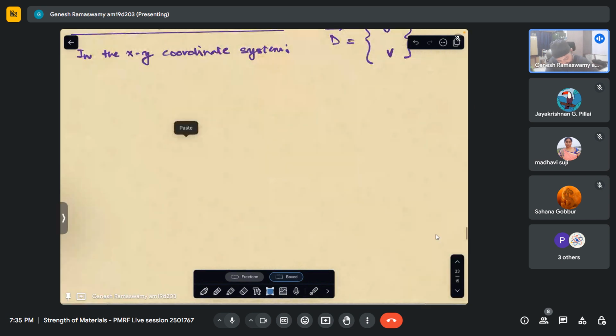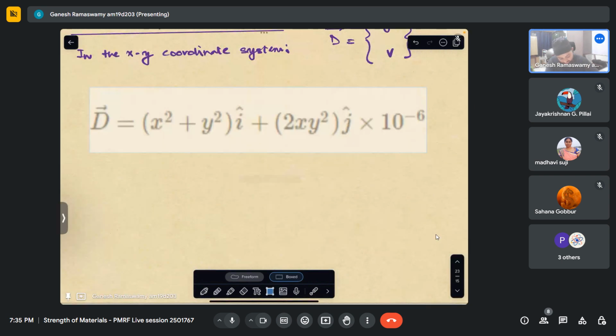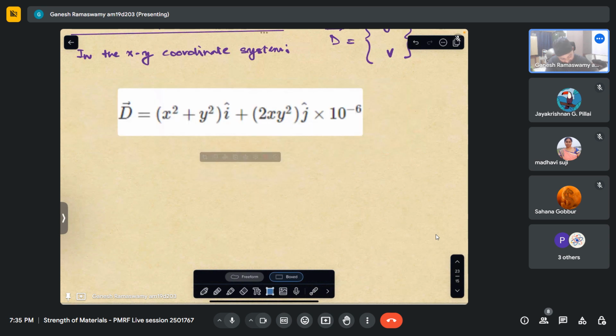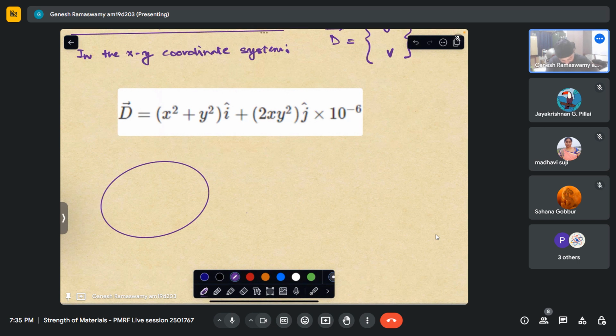This means that there is some body, and we have a coordinate system x, y. Since z is not there, I am confining my attention to x and y. So this point in the body will have some x coordinate, some y coordinate. If I plug that x coordinate and y coordinate into this equation, it tells me what is the displacement of this point under the deformation.